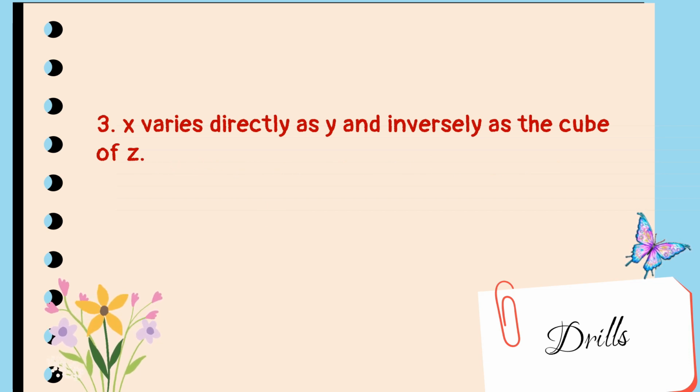X varies directly as Y and inversely as the cube of Z. Alright, X equals K Y over Z raised to 3.